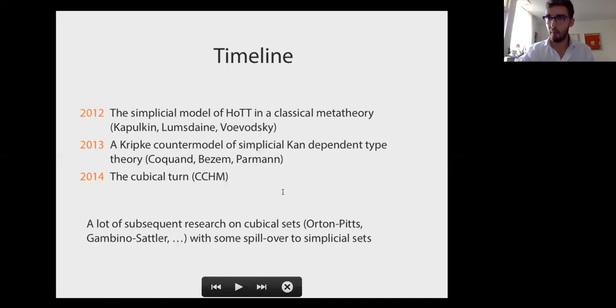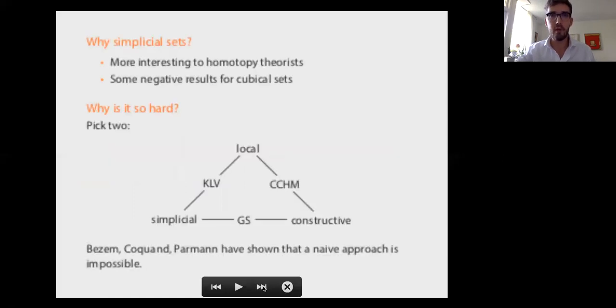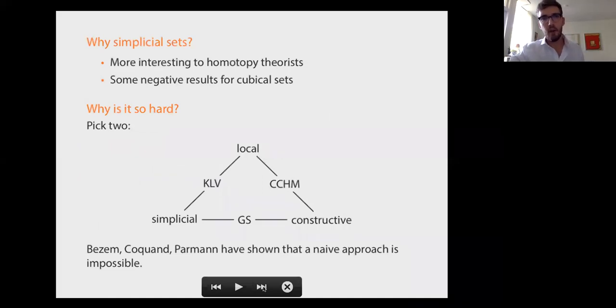But there remain some open questions. So why do we want to look at simplicial sets again? It's not a coincidence that the first model was in simplicial sets, because in some sense it was the category that people were most interested in. If it works there, then we really have something nice.